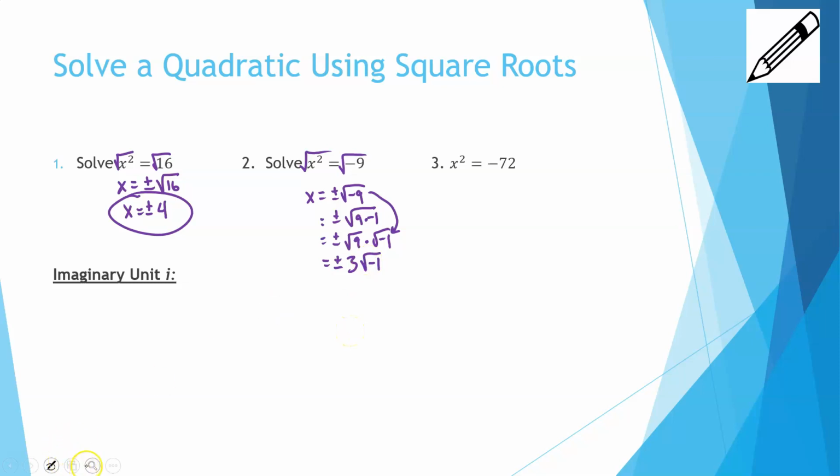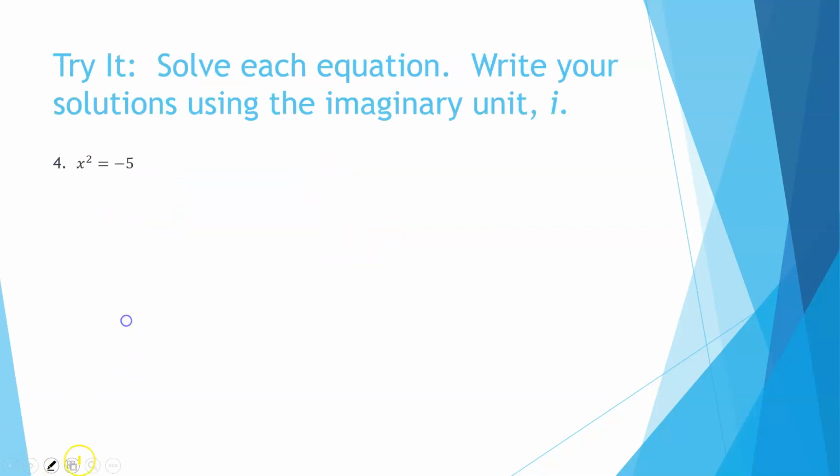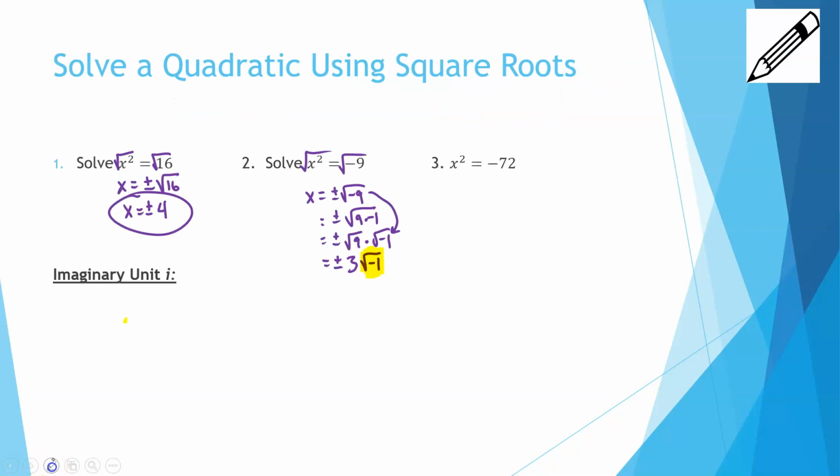Before I move on, I want to talk about, okay, what is this thing that's the square root of -1? We said we can't have any real solutions. But what this is going to show me is that we have this new thing called an imaginary unit, i.